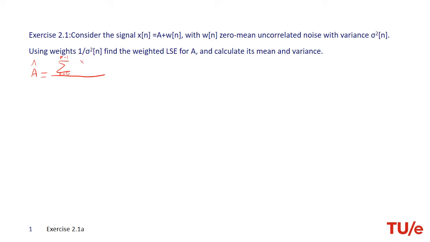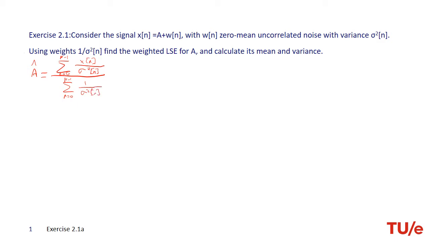And we have our data points, which are normalized by the noise variance in this problem. So it's a weighted least squares problem. And this is again divided by the sum of the inverse of the noise variance.